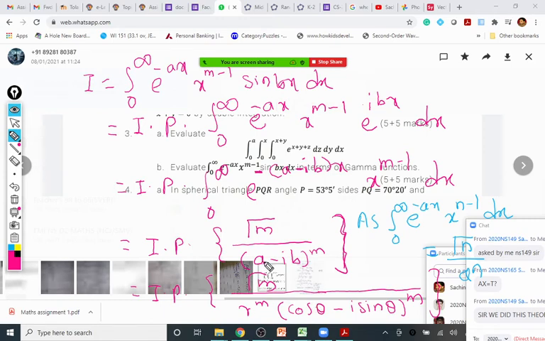What we did is replace a minus ib by r times cos theta minus i sin theta. What is the value of r? It is the square root of a square plus b square, correct. Very good. And what about theta? Tan inverse b upon a. Very good, that's correct.